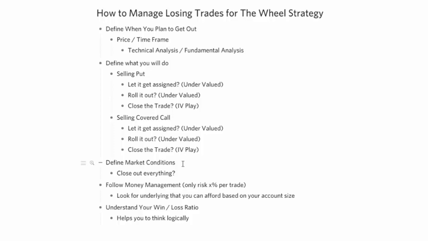Then the next one is to follow money management. And what I mean by that is to only risk a certain percentage of your entire account per trade. So if you have a small account, ideally you should look for a cheaper underlying rather than trying to trade high price stock, especially the ones that everybody talks about. The reason for that is because you can only open one position, and if that goes against you, then you lose everything.